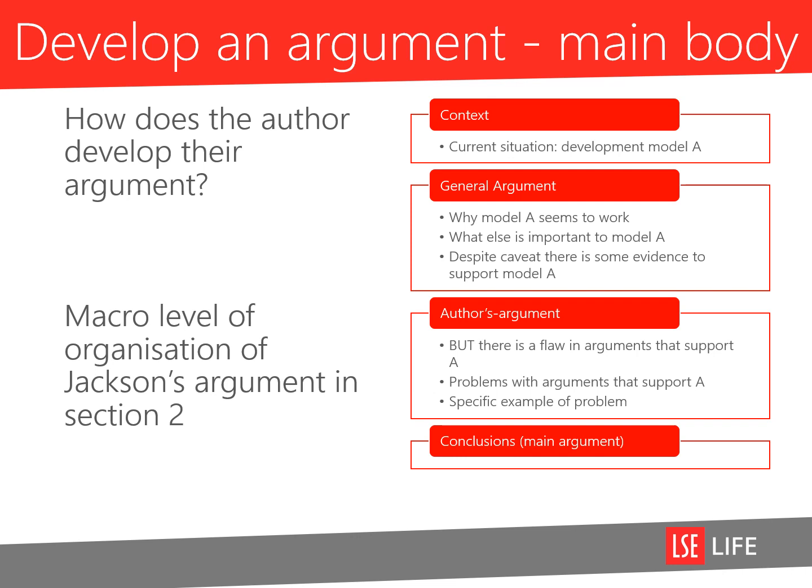Then in the next few paragraphs, we look at the author's argument. Here is where he critically engages with this model and presents the flaw in the arguments supporting the model, talking about problems with those arguments. He also provides a specific example to support his arguments. And then finally, in a very brief final paragraph, it's only one sentence, he makes his main argument, his conclusions.